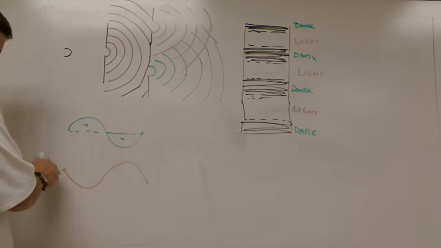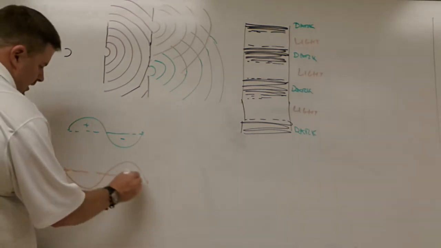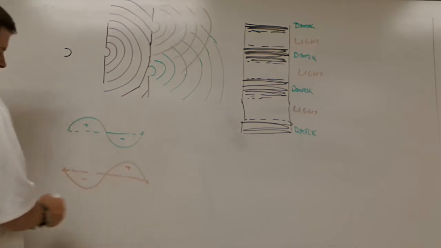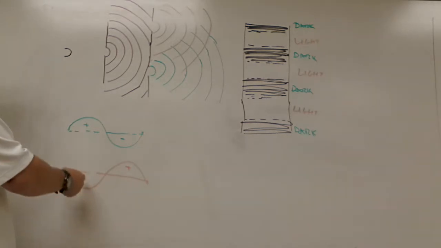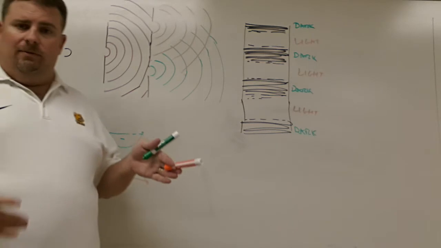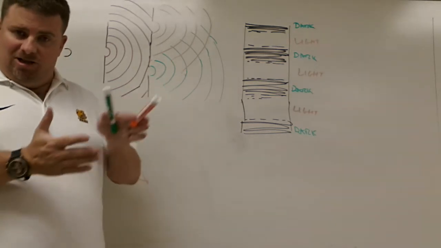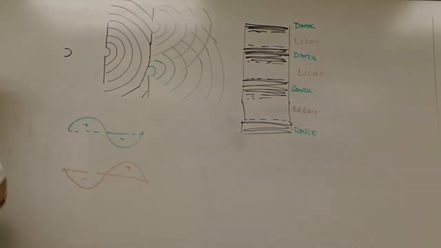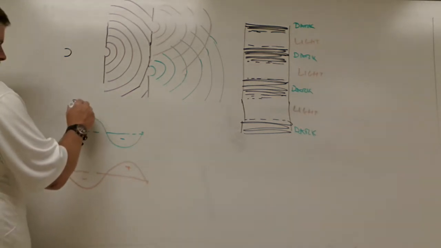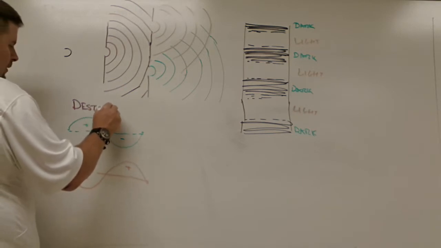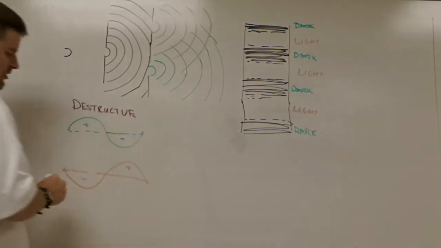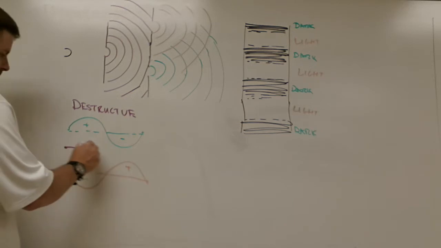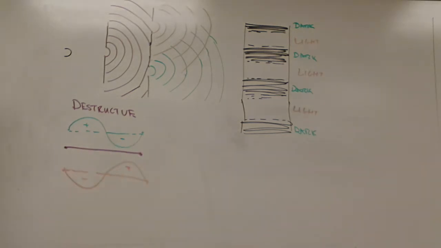This one down here has got a negative and a positive value. When I combine those two wavelengths, the positive and negative values add together. What happens when you add a negative to a positive number? It's going to get smaller, right? Same thing on this side. So what I've illustrated here is destructive interference. The overall result of the wave is going to be a flat line.